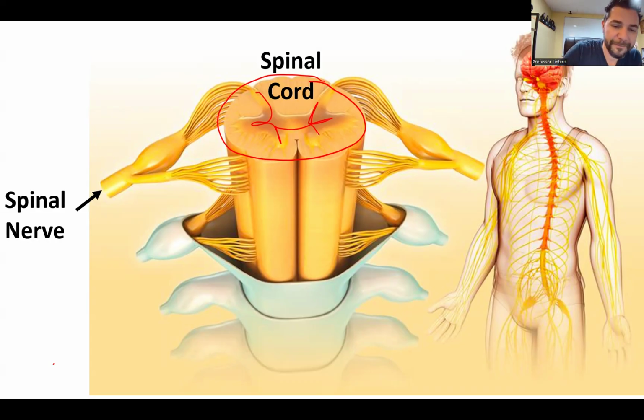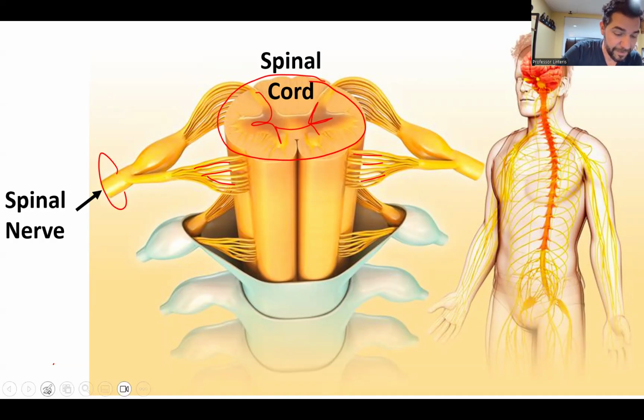You can also see these little branches coming off the back and the front. These are neurons either entering or exiting the spinal cord, and they all go through a spinal nerve. We will talk a lot about spinal nerves today. A nerve is a group of axons, and it carries both sensory messages and motor messages.